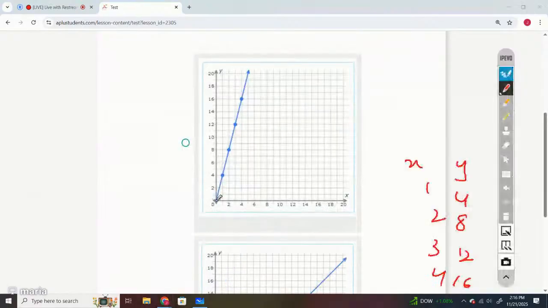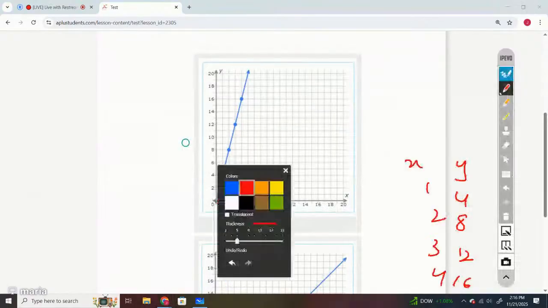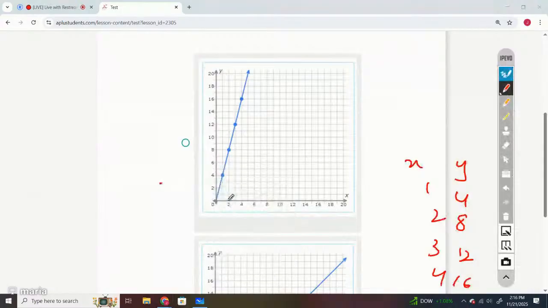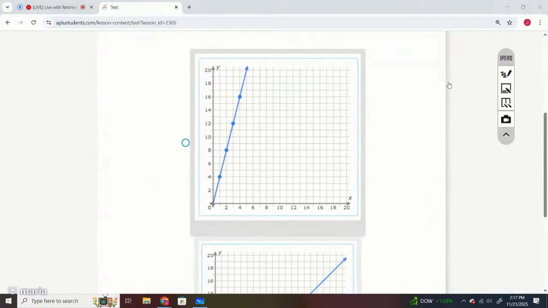Match it to the graph and see which is the correct option. 0, 0. x is 1, y is 4. Then x is 2, y is 8. Then the next one is x is 3, y is 12, and x is 4, y is 16. So you can see all these four points are on the given graph. So option 1 is the correct option.